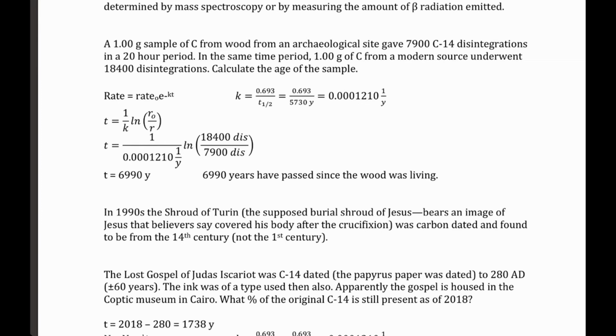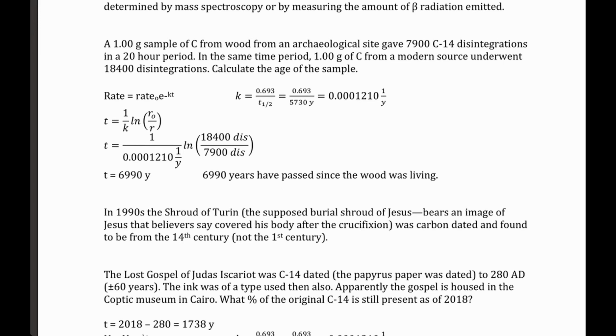Now, of course, you have to make sense of which of those two numbers, the 18,400 and the 7,900, is the original rate and which is the current rate. As we talked about before, the original sample would have had the 18,400 disintegrations when the tree was just cut.